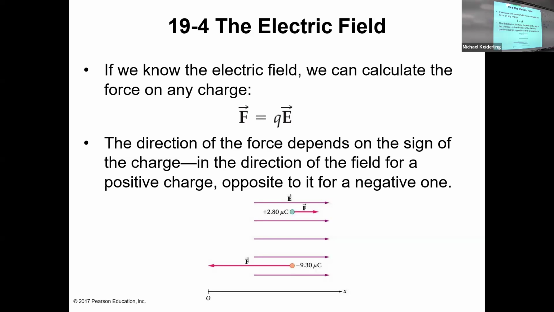And the direction of the force depends on the sign of the charge. Positive charges will have a force in the direction of the electric field. Negative charges will be in the opposite direction. So it's in the direction of the field for a positive charge, opposite to it for a negative charge.